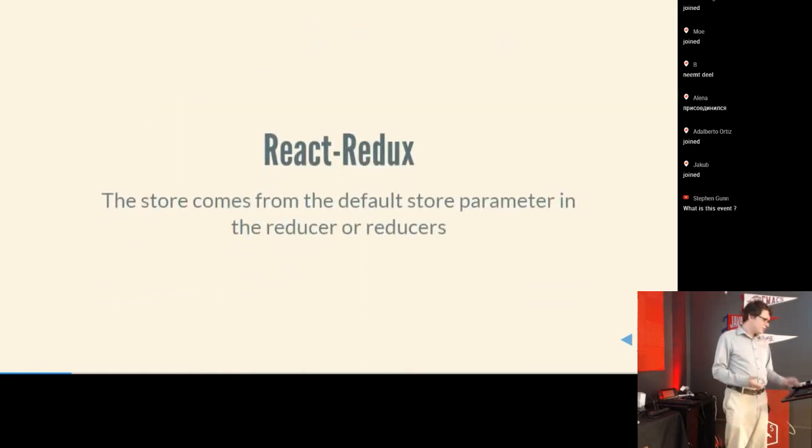So in React Redux, the store comes from the default state parameter in the reducer or reducers. You see this pattern a lot where you say the state equals the default state in your reducer, which is using a nice ES6 convention where you can add a default parameter.